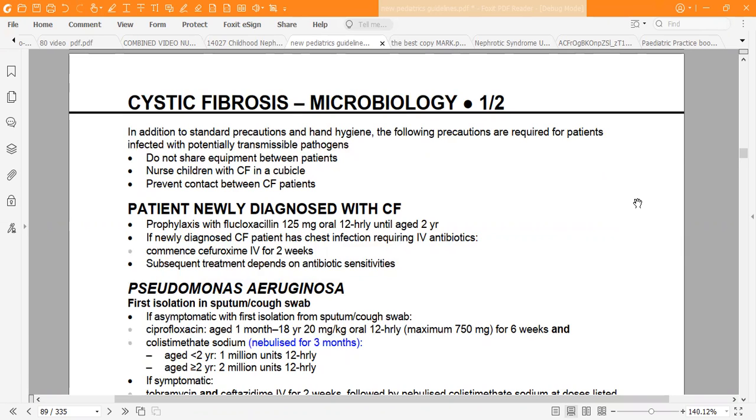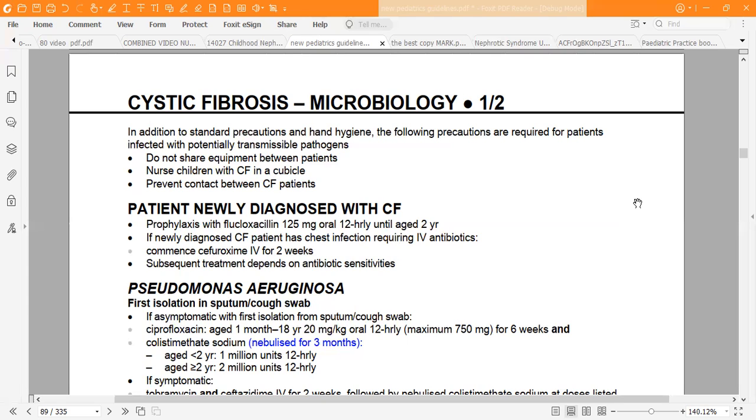As we mentioned in the previous videos about cystic fibrosis patients, it's crucial to keep the standard precautions and hand hygiene. The following precautions are required for patients infected with potentially transmissible pathogens.